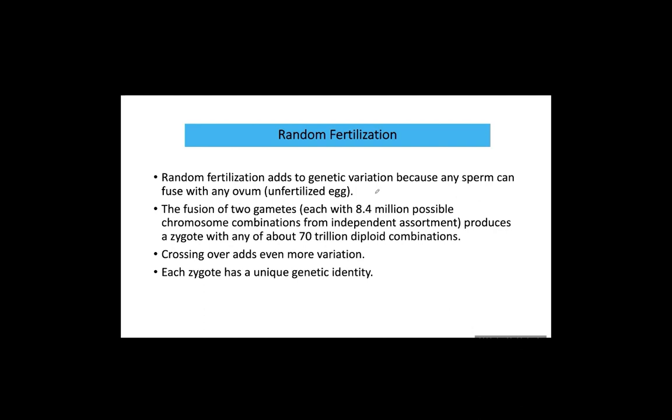This number comes from 2 to the power 23. It produces a zygote with any of about 70 trillion diploid combinations. Okay. This is really an enough number, enough probability to make yourself a unique creature. Crossing over adds even more variation. Each zygote has a unique genetic identity.